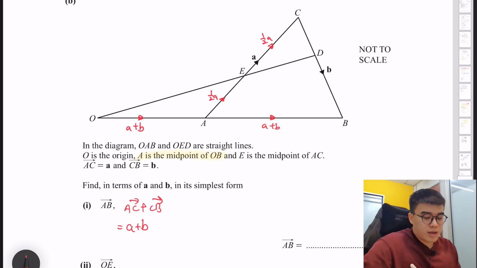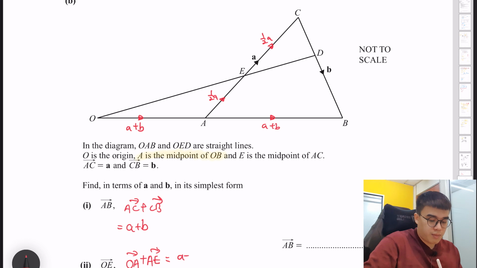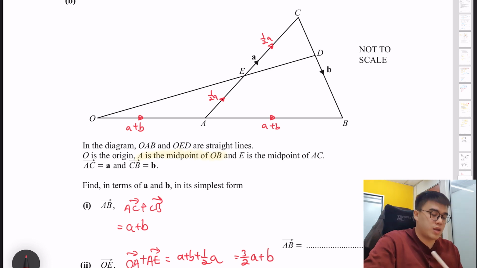So OA is basically our AB, then AE will be half a. So OA plus AE, so we get our results as a plus b plus 1/2 a, which after combining everything, you will get your results as 3/2 a plus b as your final answer.